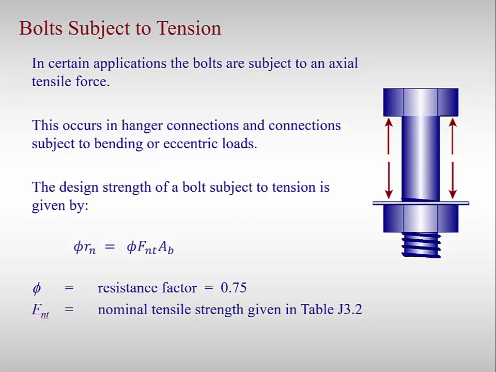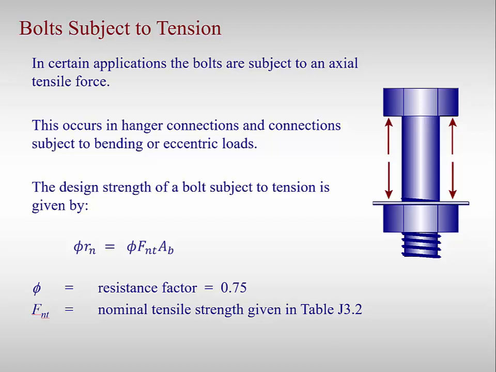However, in the formula to determine the design tensile strength of a single bolt, the gross area of the bolt is used for consistency. An adjustment has been made on the nominal tensile strength to compensate for this. The nominal tensile strength values are given in AISC Table J3.2.